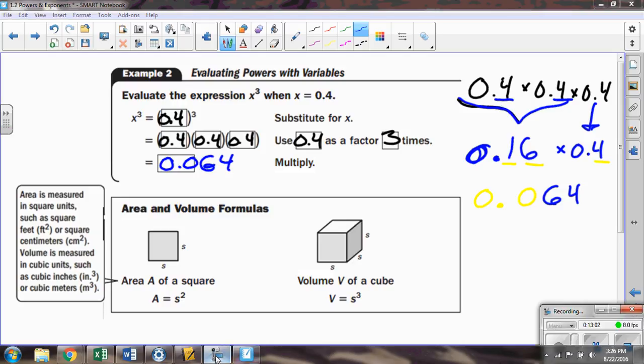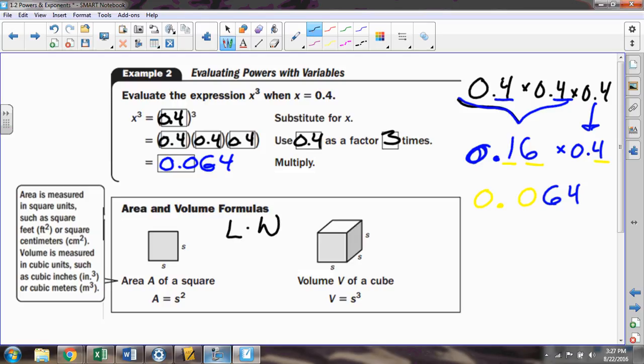Progressing further and looking at these formulas. Here are 2 formulas that are really common to use with exponents. How do you get the area of a rectangle? We know area of a rectangle is length times width.